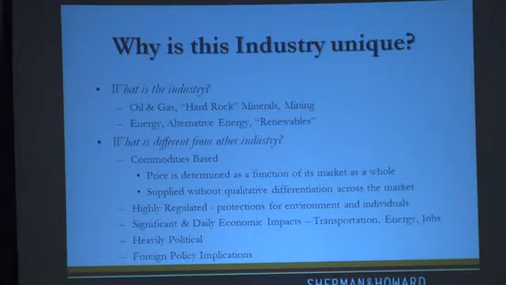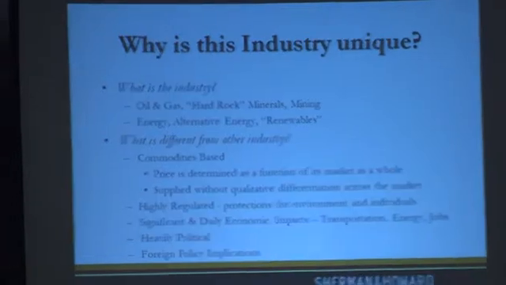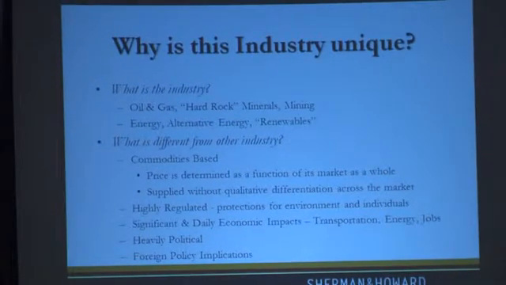The purchaser says, okay, today the price is $90 a barrel. There are long-term contracts that you can enter into, but that's based on predictions of what the market will do. So the commodity is supplied without differentiation based on quality.